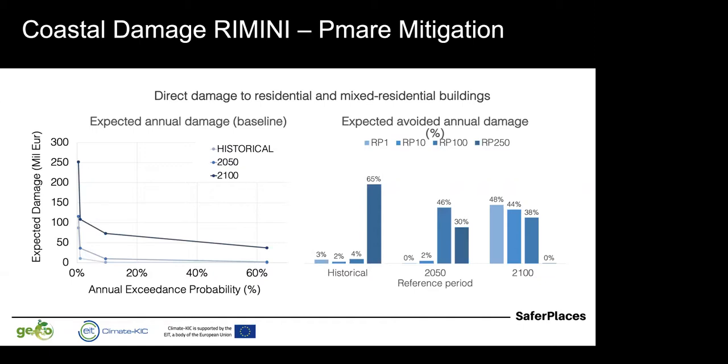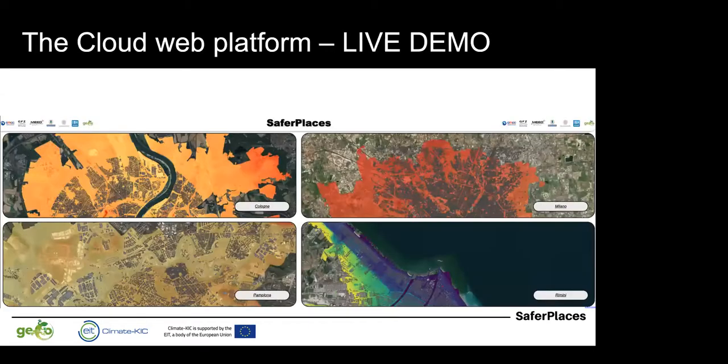The new sea promenade is able to protect the city of Rimini from coastal events, both in the historical scenario, but also in climate projection. We have evaluated the projections of 2050 and 2100. You can see on the right the percentage in terms of reduction of economic losses. All this computation has been done through the platform.